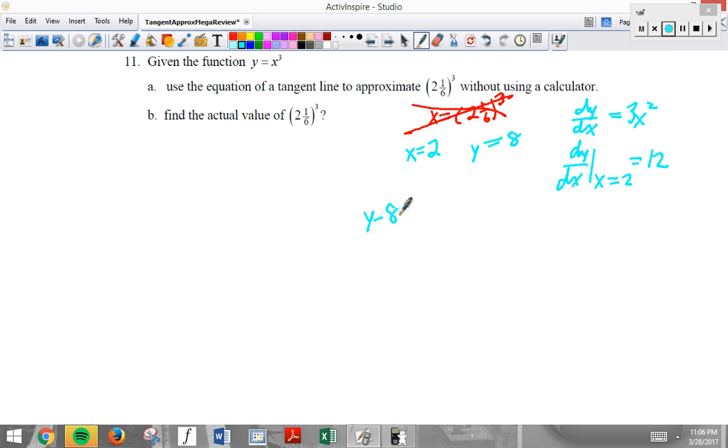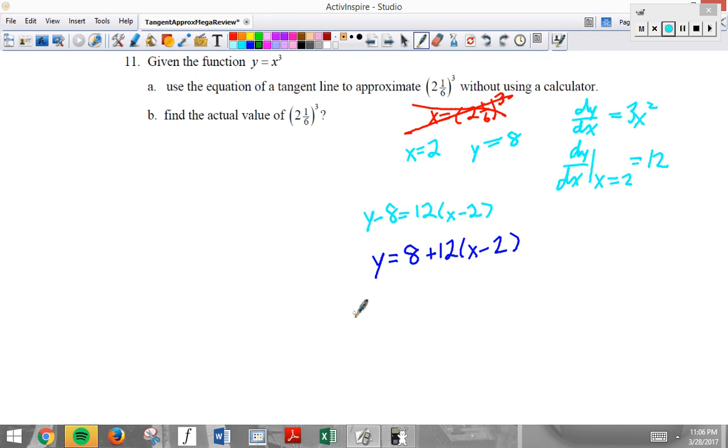So y minus 8 equals 12 times x minus 2. See how this number is close to 2 1/6? So y equals 8 plus 12(x minus 2).